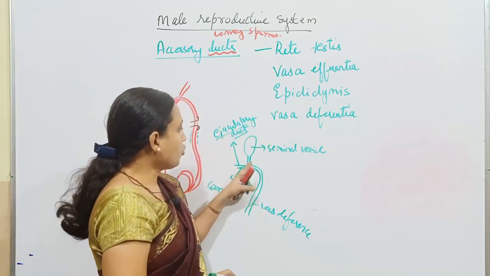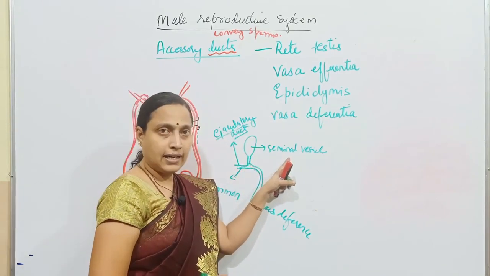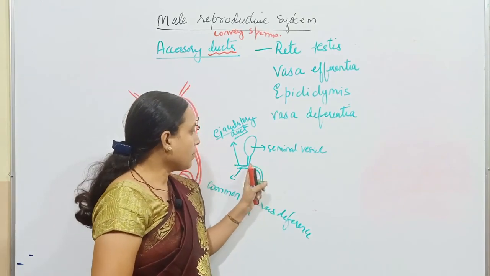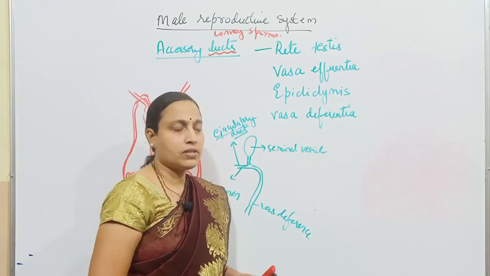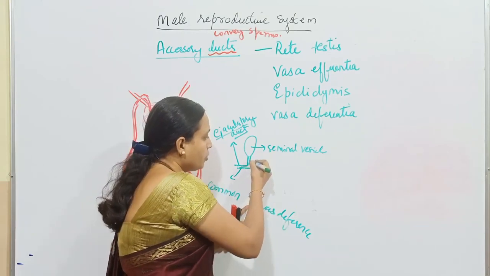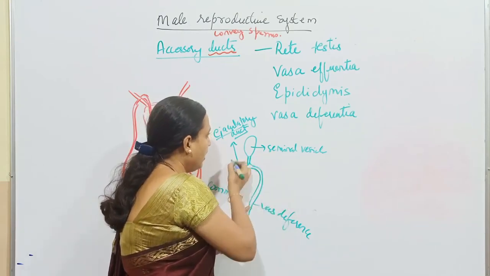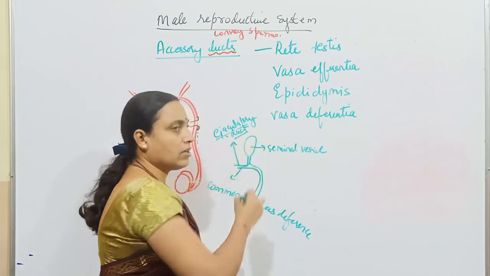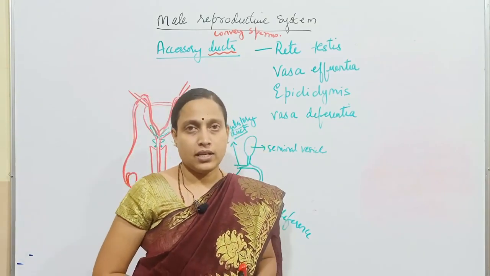The ejaculatory duct is a combination of the duct from a gland and the vas deferens. So the vas deferens joins with the duct of the seminal vesicle, and what forms is the ejaculatory duct.